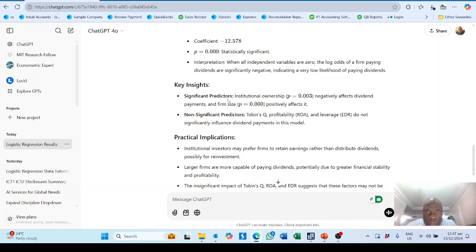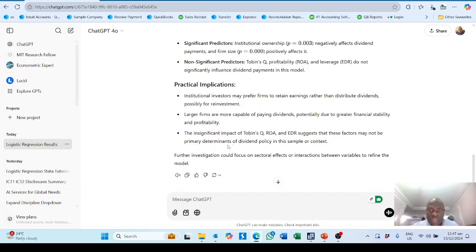It says institutional ownership with a p-value of 0.003 negatively affects dividend payment, and firm size with a p-value of 0.00 positively affects dividends. The non-significant predictors are what you see.